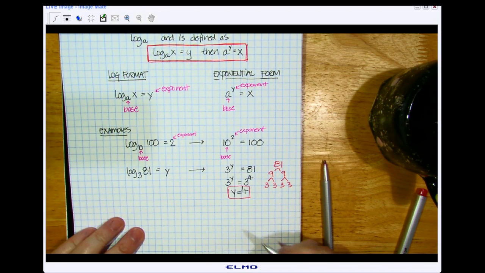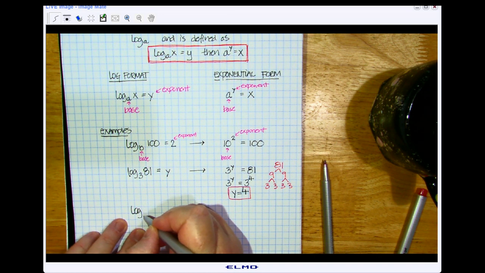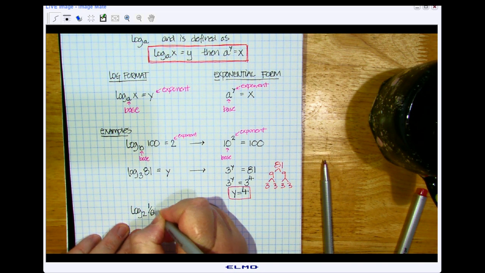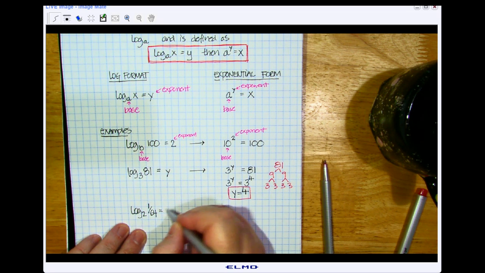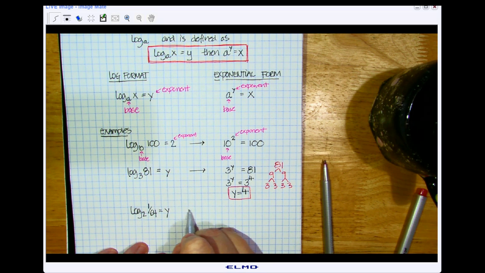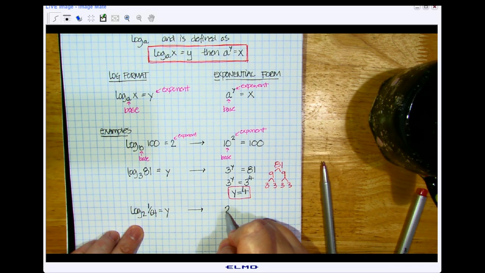All right, similarly, if we have a log base 2 of 1 over 64, and I let that equal some value y, this tells me 2 to some power y has to equal 1 over 64.